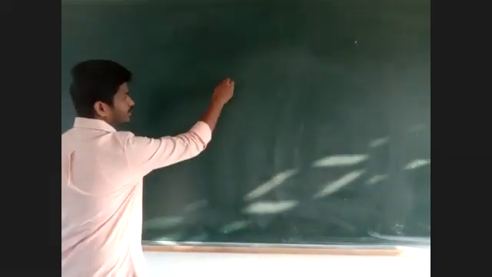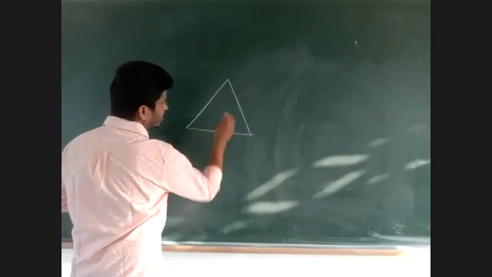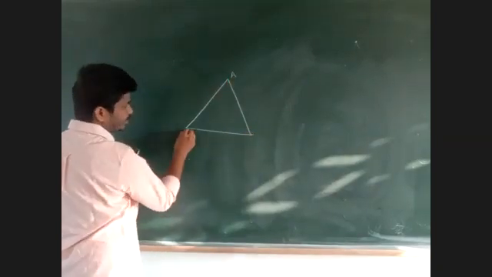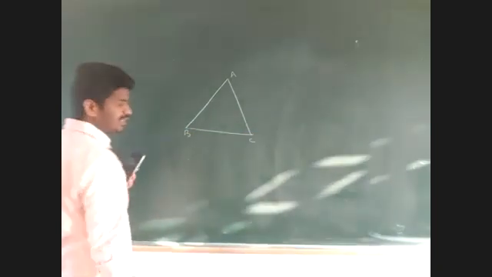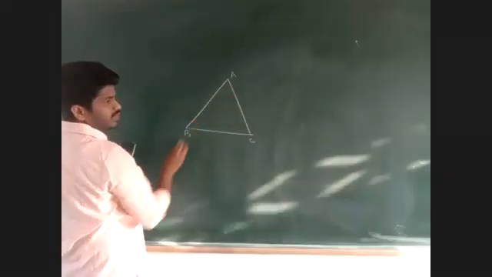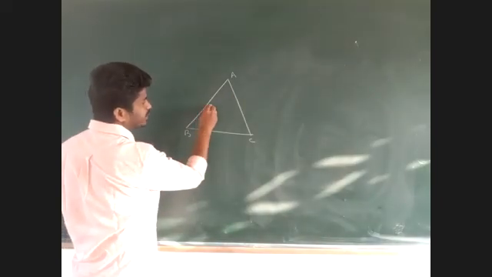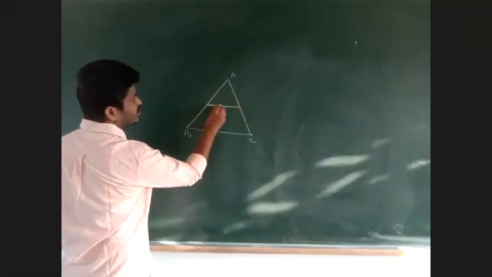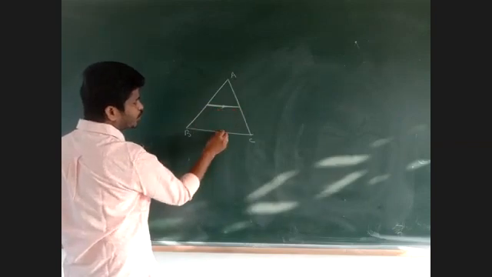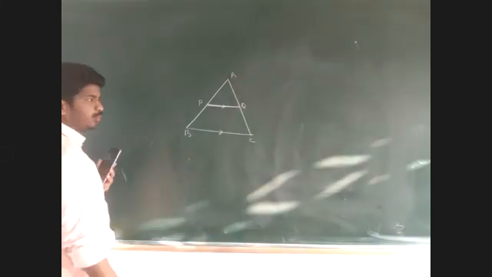For example, take one triangle ABC. In this triangle ABC, if a line is drawn parallel to any one side of the triangle, if you draw a line that is parallel to BC, for example this is the line PQ. PQ is parallel to BC.